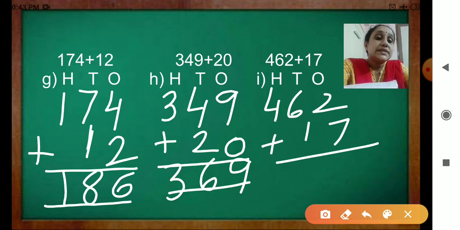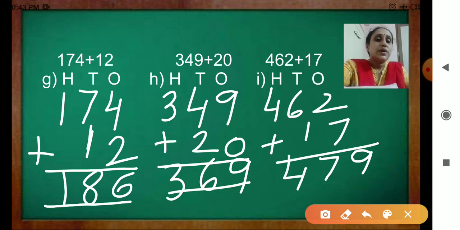So 2 plus 7, 9. 6 plus 1, 7, and 4. So the answer is 479. Okay, check it. Have you done it correctly or not?